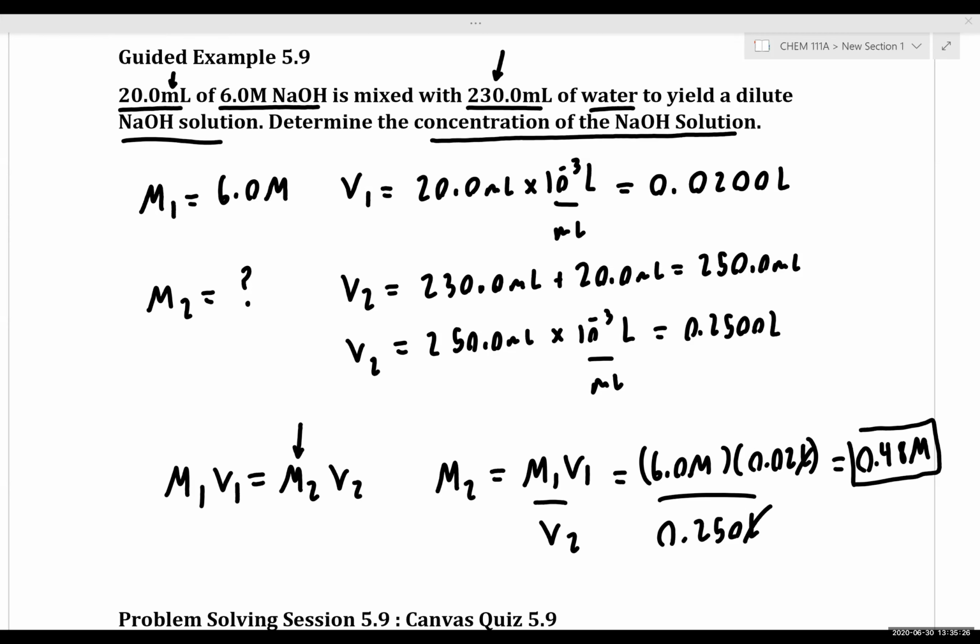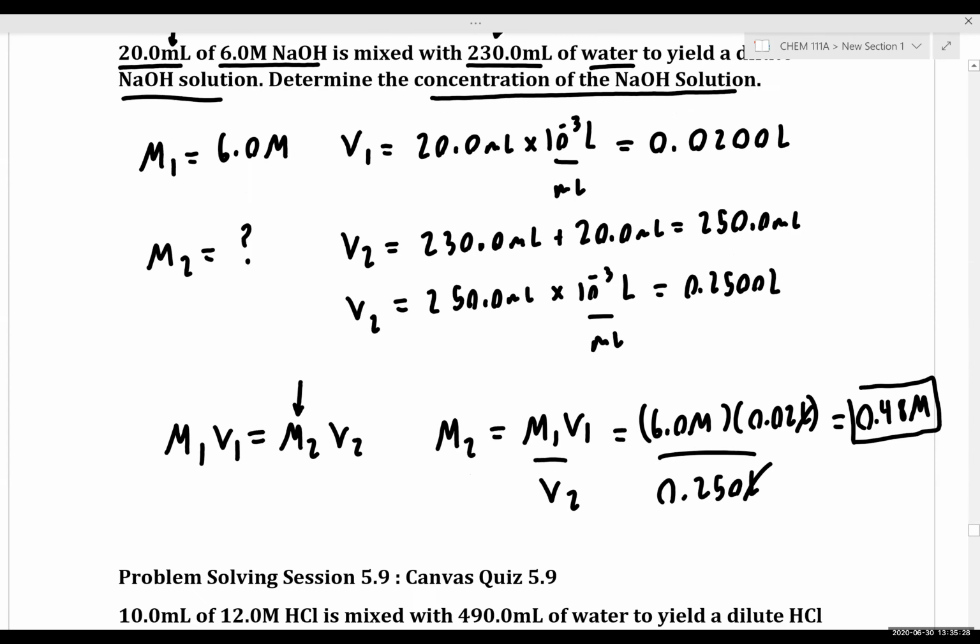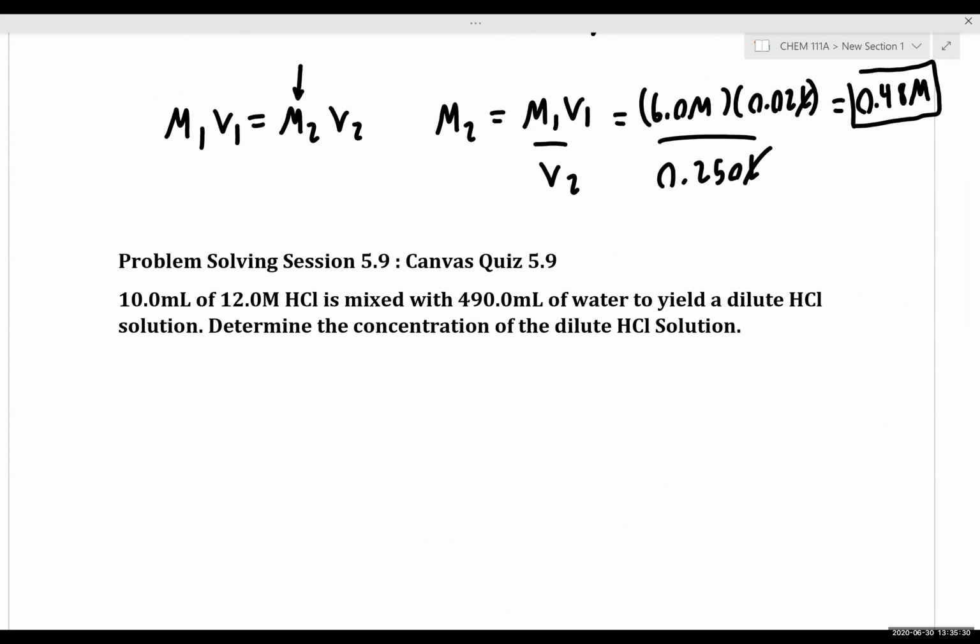If not, let's continue on and apply what we've learned to the following dilution problem. Again, we're mixing a known volume of a stock hydrochloric acid solution with a known volume of water, and you're asked to determine the concentration of the dilute hydrochloric acid solution.